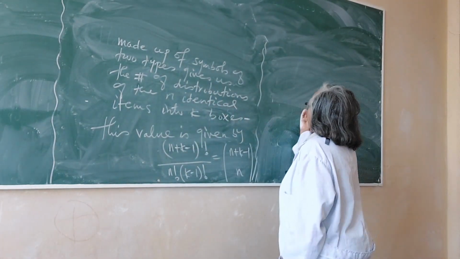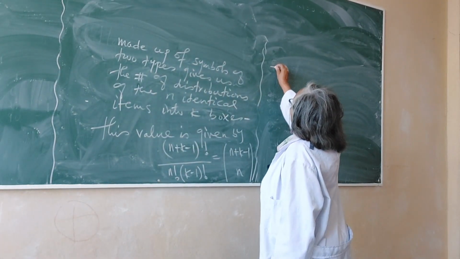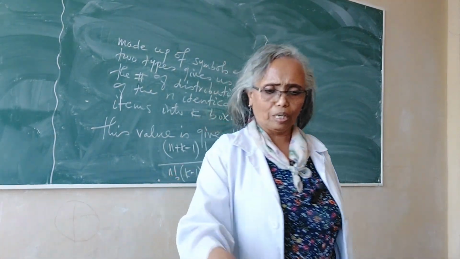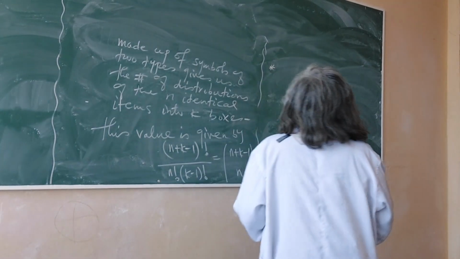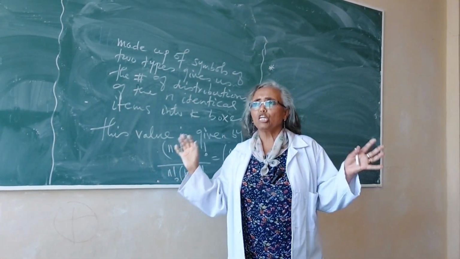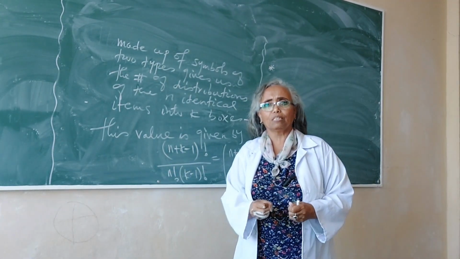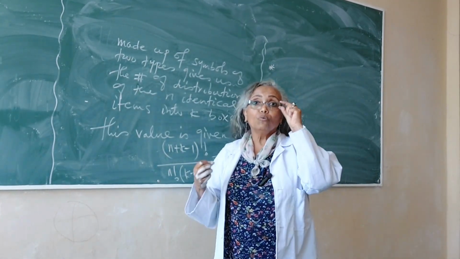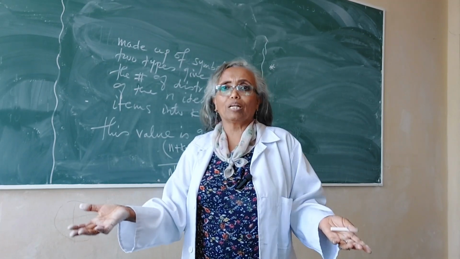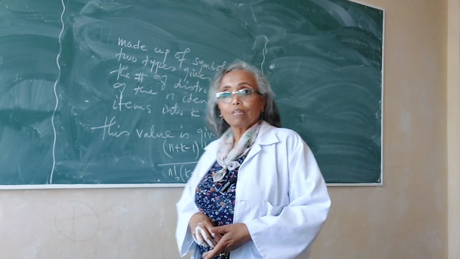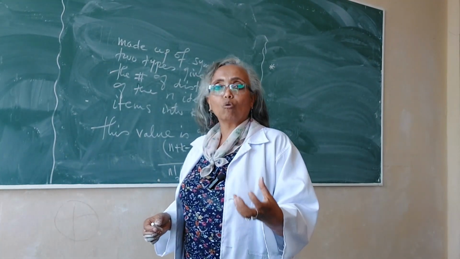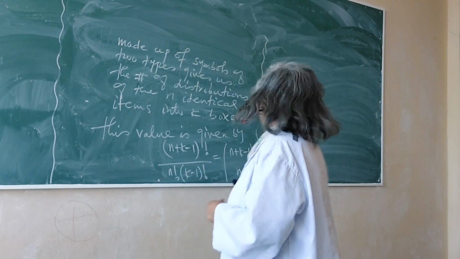Well, it's not only about distributing items, but you can also take it to be the number of ways you can pick n items out of k types, where repetition is allowed, assuming that there is a sufficient amount from each type.